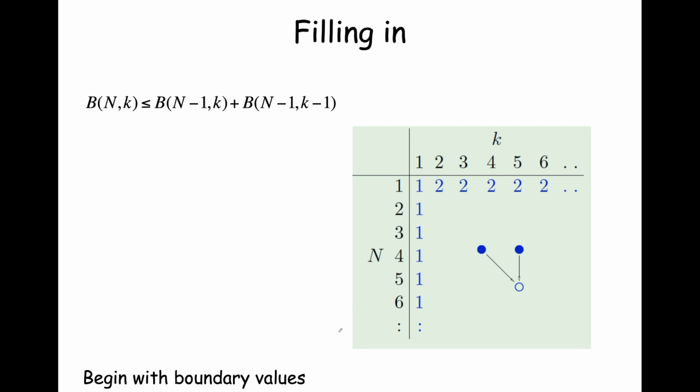But we'll start out by considering how this recurrence relation unfolds for all the instantiations of n and k. So in order to prove that this b of n and k is polynomial, we start out with the boundary value conditions. Here in this table, we have k along the columns, and that's the breakpoint, and we have n along the rows. That's the data set size.